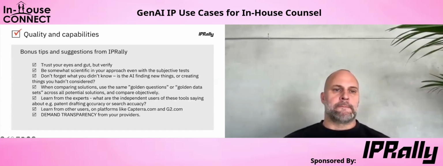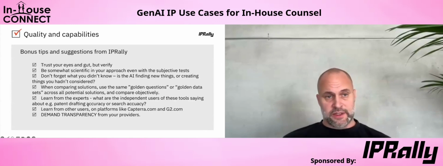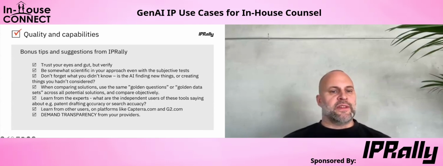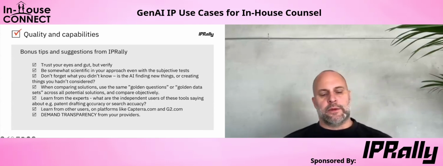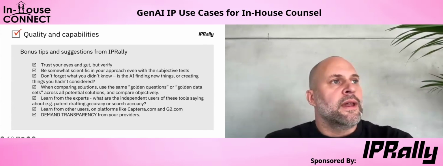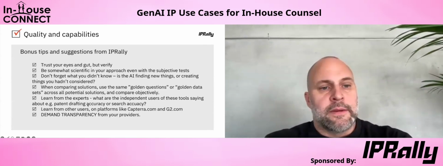I think it is. So, quality and capabilities, bonus tips, suggestions: you can read through this now and later, but I think what I just said about transparency is pretty key, and finding a way to assess things from your use case and for what it is that you're trying to achieve is the key here.